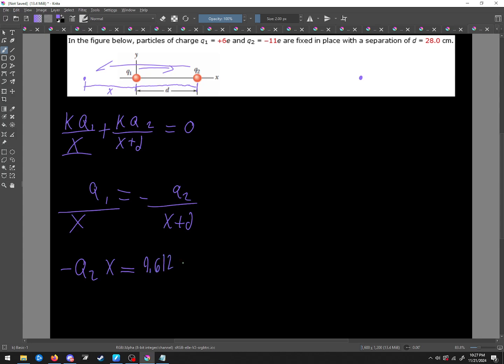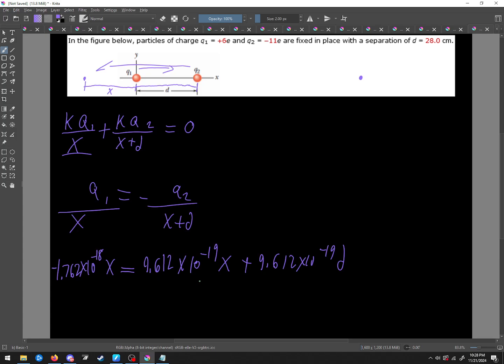So this is actually going to be 9.612 times 10 to the negative 19 x plus 9.612 times 10 to the negative 19 d. And then, of course, this is going to be negative 11 times this, so negative 1.762 times 10 to the negative 18 x. Now we're getting somewhere.